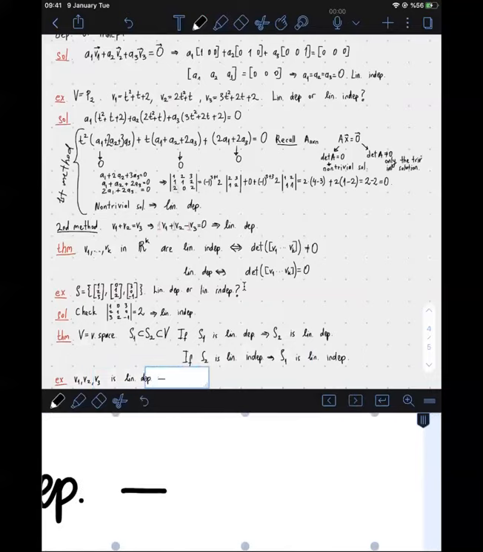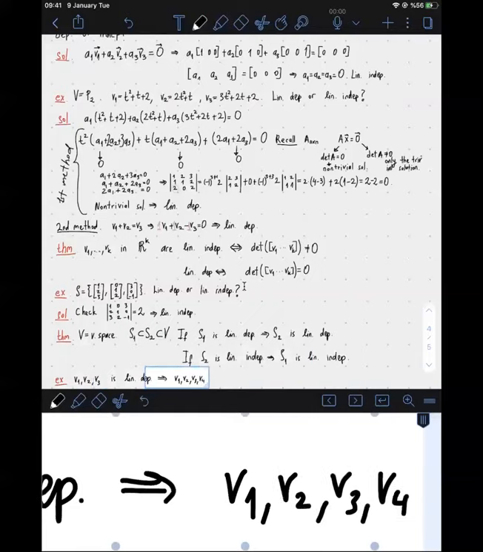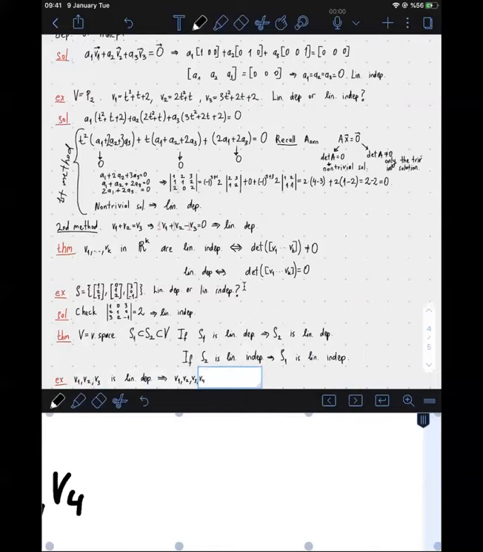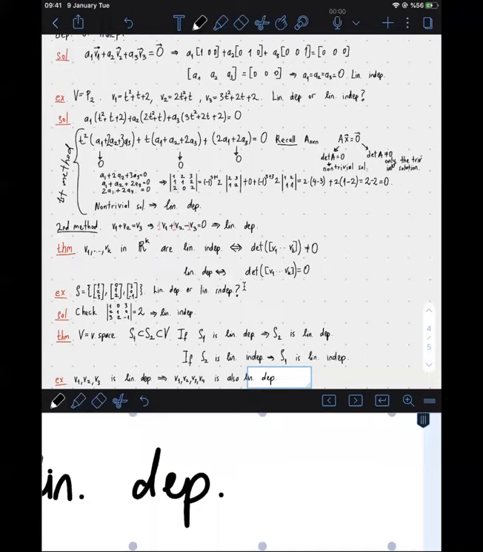If I add another vector to this set, it will always be linearly dependent. So if these 3 vectors are linearly dependent, and I add a 4th vector to that set, it will still be linearly dependent.